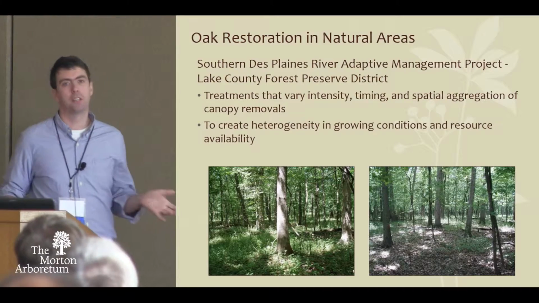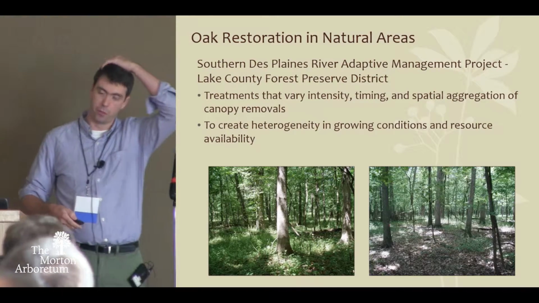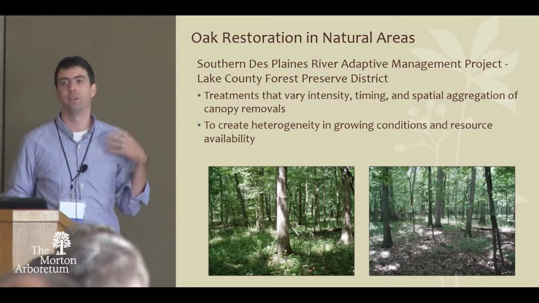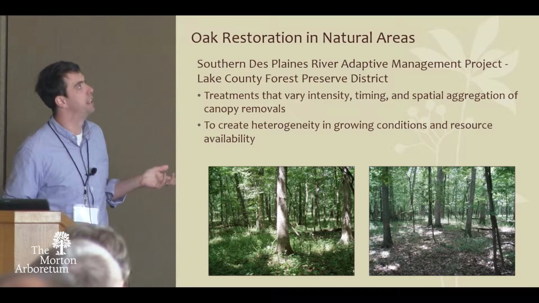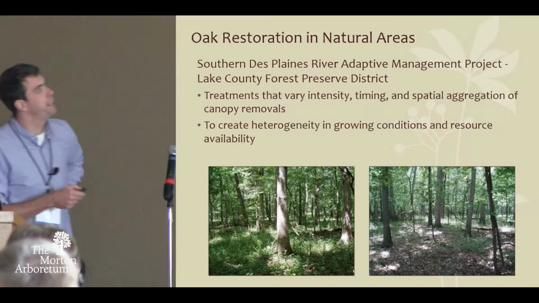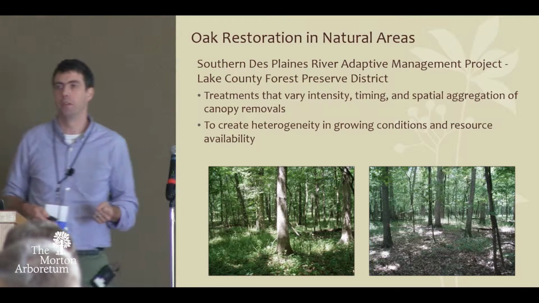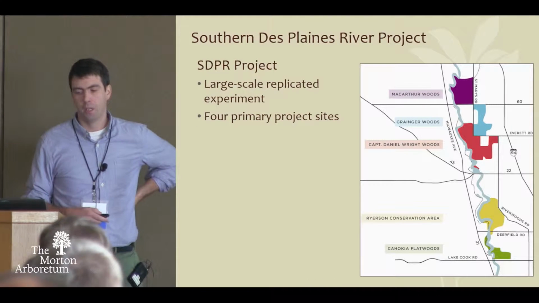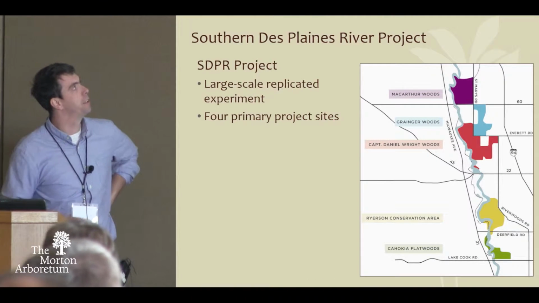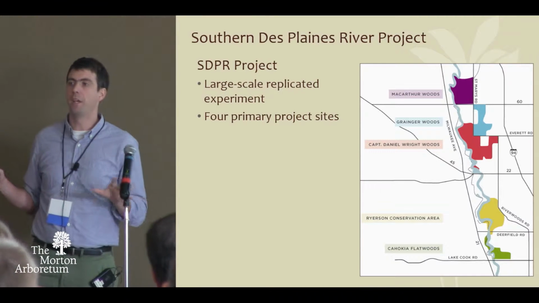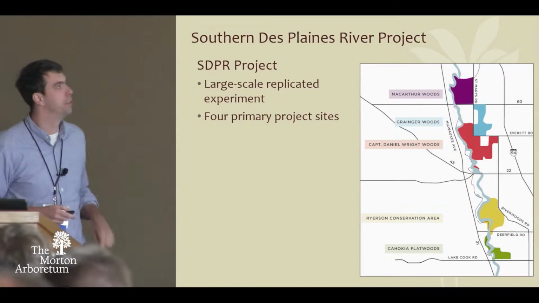So we have a big project going up in Lake County, which is the northern part of the Chicago region, where we're trying out some techniques for how to manage for oaks in urban natural areas. So trying to create heterogeneity and create places that oaks could actually regenerate within the system. And it's a large-scale replicated experiment in 4 of the best remnant natural oak forests in the region.